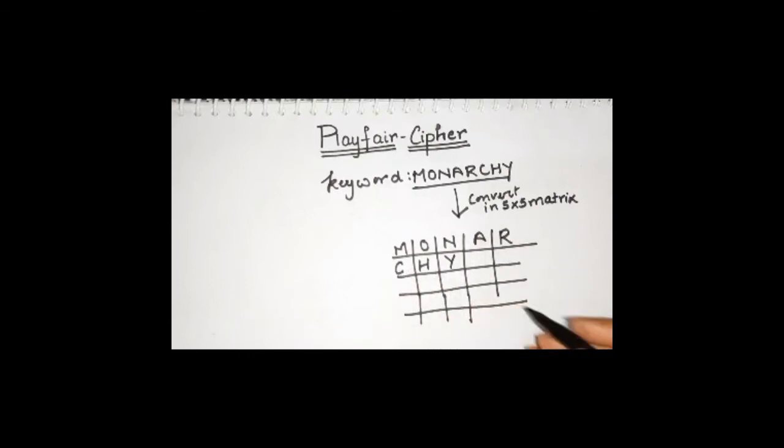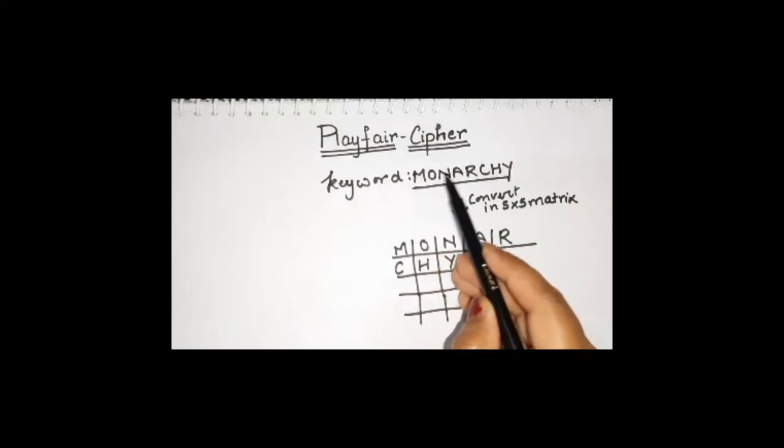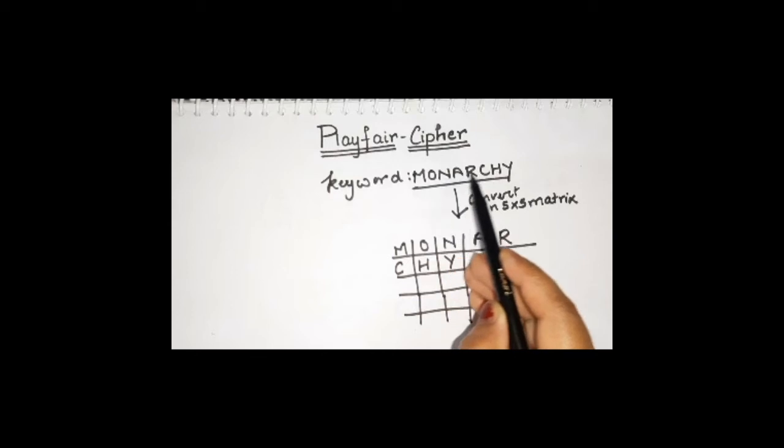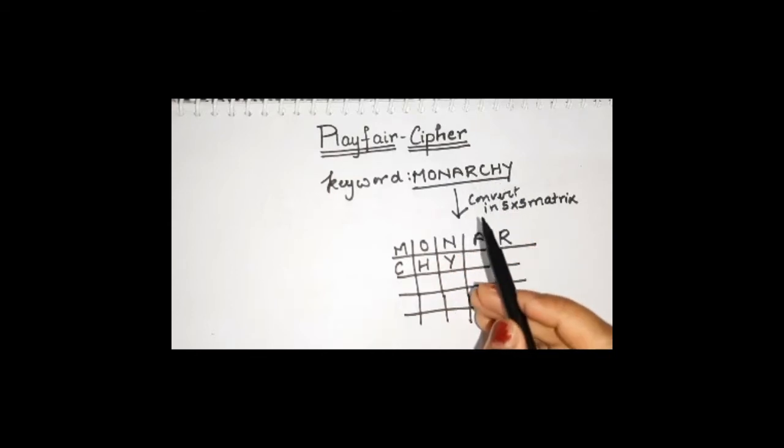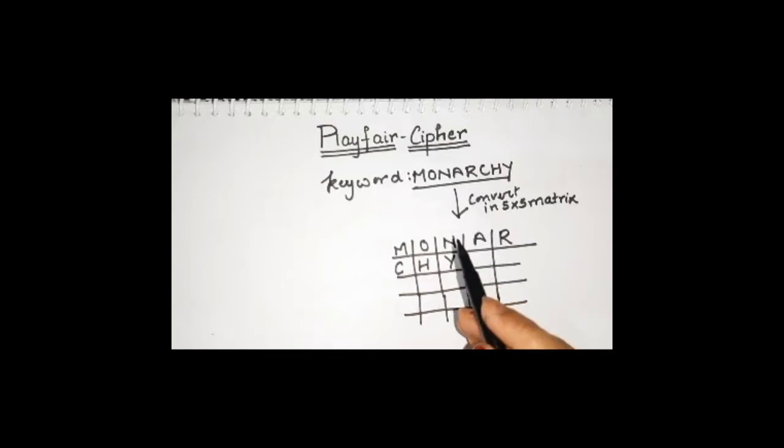See, this is a 5 cross 5 matrix, which means we'll be having 25 values, right? So the first few cells will be covered by the keyword given here. And remember, if the keyword has a repetition of a letter, you have to write it only once. You do not have to repeat it in this matrix.